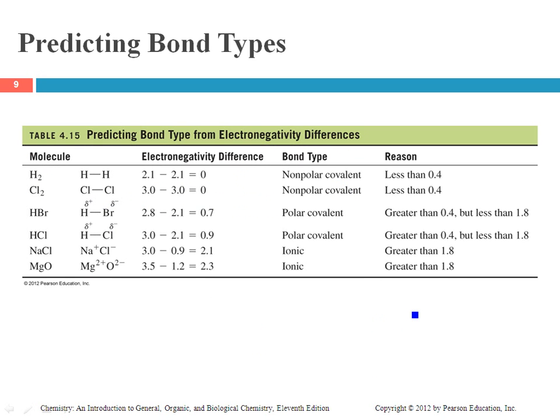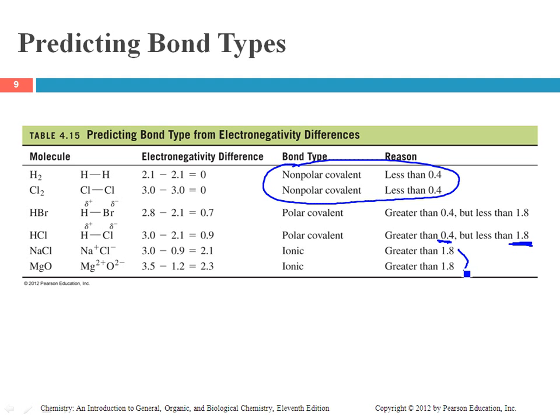So the cutoff point for each of these is: a nonpolar covalent bond has an electronegativity difference of less than 0.4. A polar covalent bond has an electronegativity difference greater than 0.4 but less than 1.8. An ionic bond has an electronegativity difference of greater than 1.8.